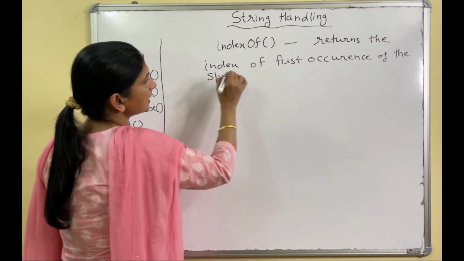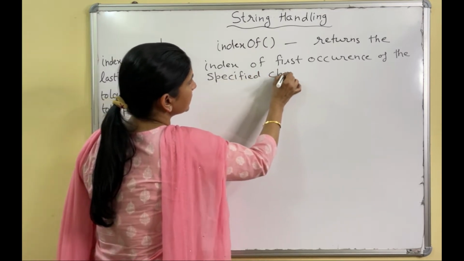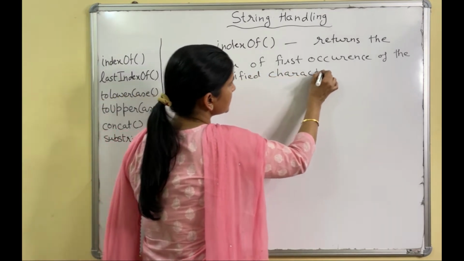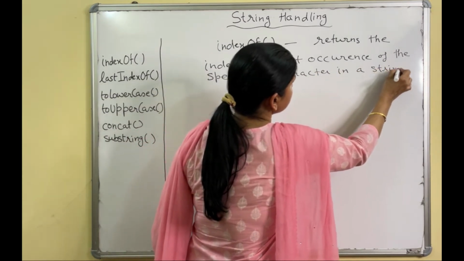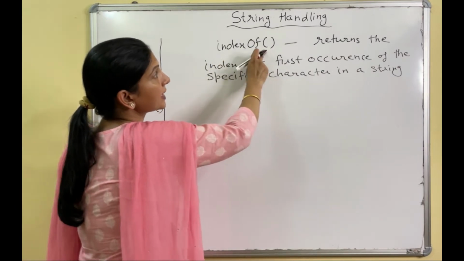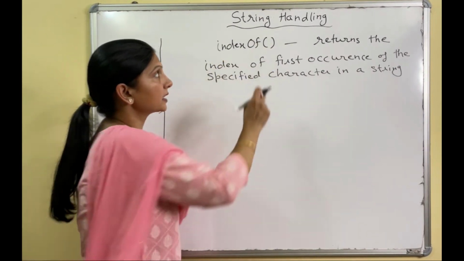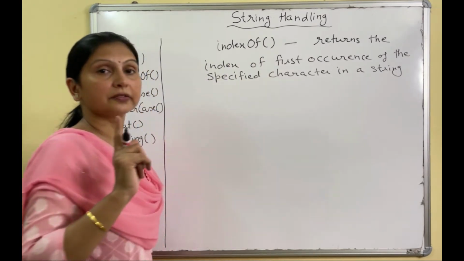It returns the index of the first occurrence of a specified character in a string. As the name indicates, it returns an index. Index of what? Index of a particular character which we will specify here. And it returns the first occurrence.